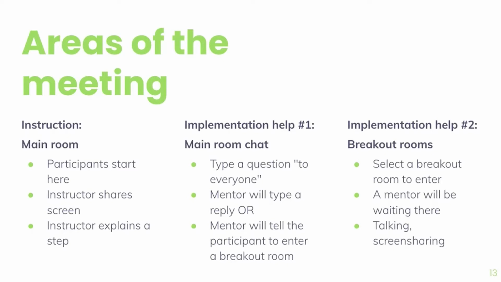But the point is there's more attention that the participant is able to get from the mentor. There could be multiple people in a breakout room, but the mentor can keep track of who came in in what order and make sure everyone gets their needs attended to first in, first out.